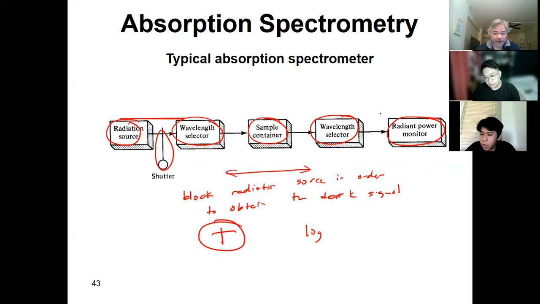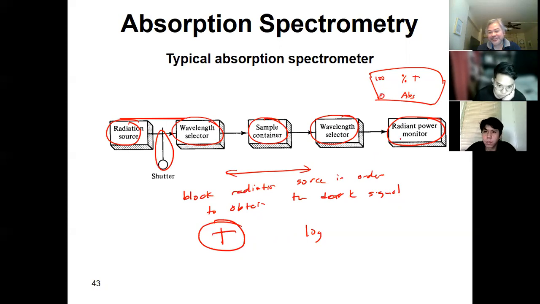If you look at the old spectrometer, what do you see? You see a dial like this, then percent transmittance, then the absorbance below. So usually, when this is 100, what is it equal to here? 0, right? Then when this is 0, it's around 2 something. Okay? You see that on the old instruments.